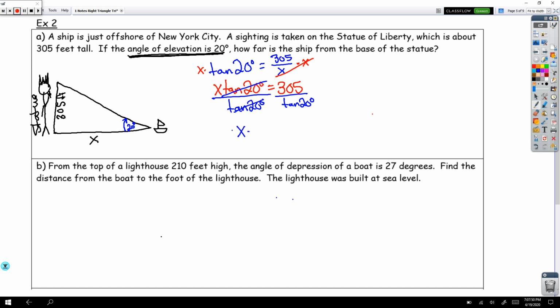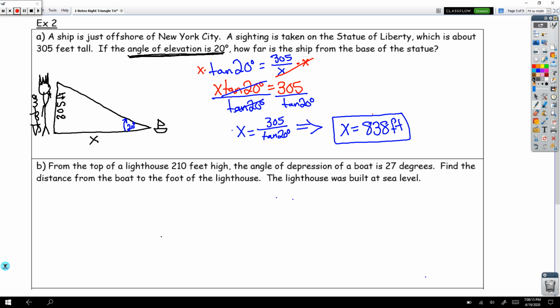So x equals 305 divided by tangent of 20. Plug that into your calculator, and we get x equaling 838 feet, approximately. So that means that the boat is 838 feet away from the Statue of Liberty.